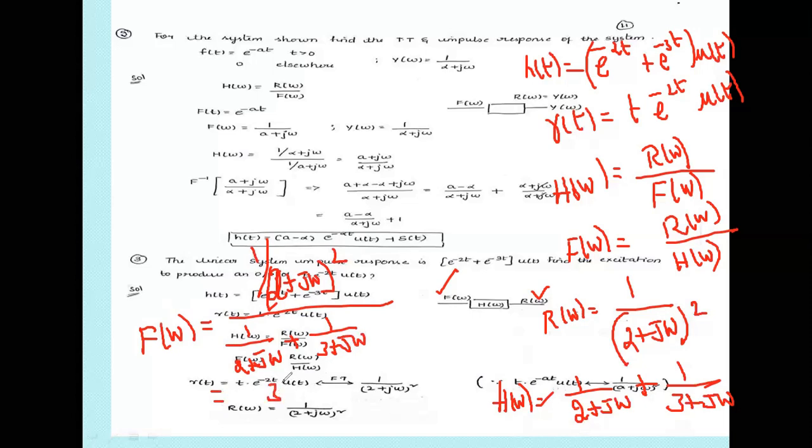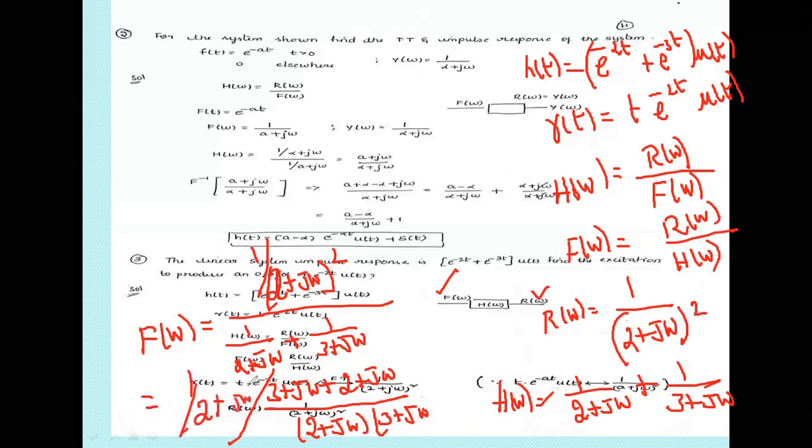You'll get 3 plus j omega plus 2 plus j omega in the numerator, whole divided by 2 plus j omega into 3 plus j omega, and in the numerator we have 1 by (2 plus j omega) whole square.